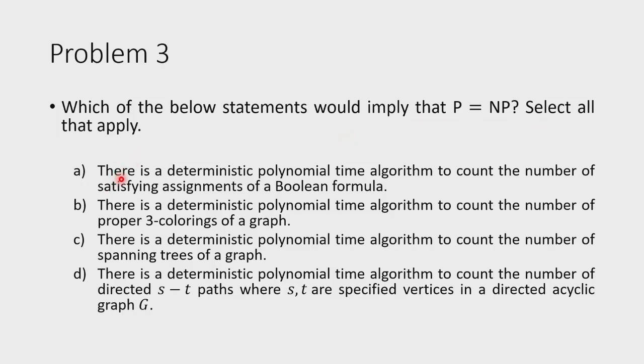The options are: there exists a deterministic polynomial time algorithm to count the number of falsifying assignments of a Boolean formula; there is a deterministic polynomial time algorithm to count the number of proper three colorings of a graph; there is a deterministic polynomial time algorithm to count the number of spanning trees of a graph; and there is a deterministic polynomial time algorithm to count the number of directed S-T paths, where S and T are specified vertices in a directed acyclic graph G.